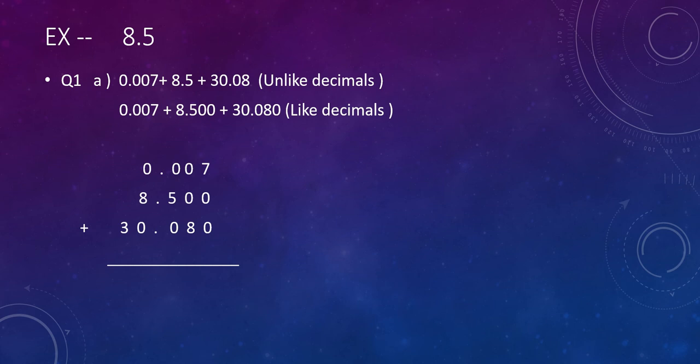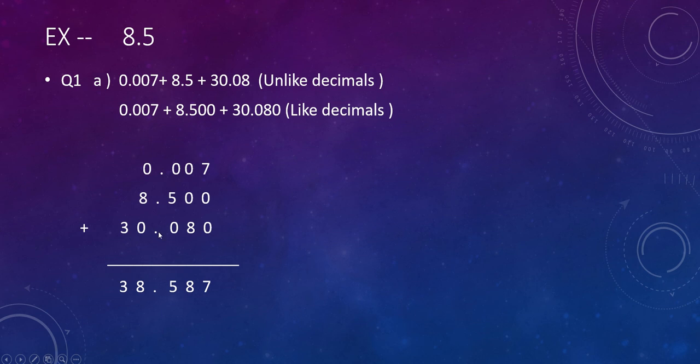Write them vertically and just start adding. When you are adding this thousandth place, 7 plus 0 plus 0, that will give you 7. 0 plus 0 plus 8, it will give you 8. 0 plus 5 plus 0, 5.